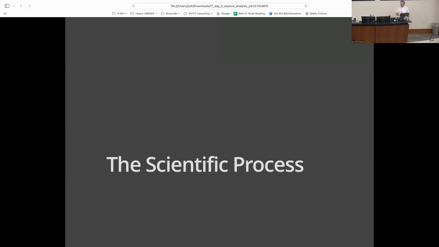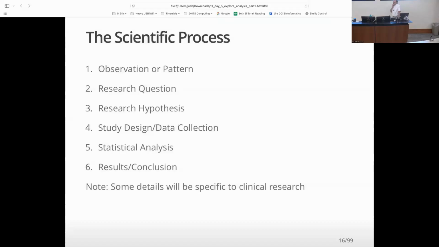So let's think about the scientific process. Again, this is somewhat philosophical, but it's helpful in thinking about how we plan a study and how we're going to analyze it. These are potential steps in the scientific process. The first step is an observation or a pattern.